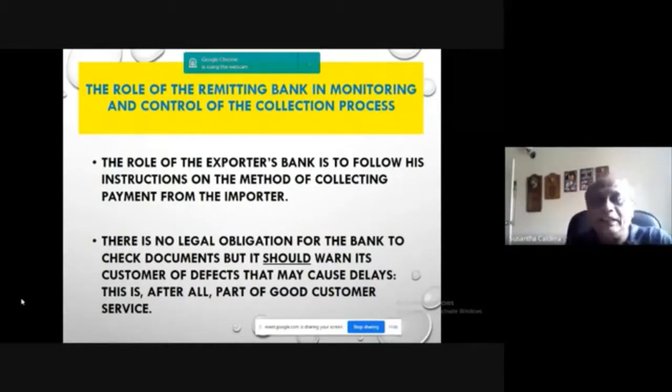Right. In the collection order form, this is a specimen collection order form which you all have to fill when you are submitting the documents to the remitting bank, that is your bank, right? And you can see what are the things you have to fill and why you are using the collection order form. Tell me, from the banker's side, why do banks use collection order forms?